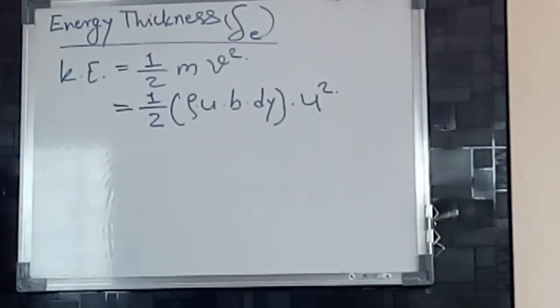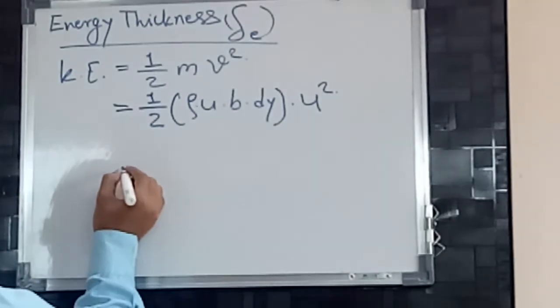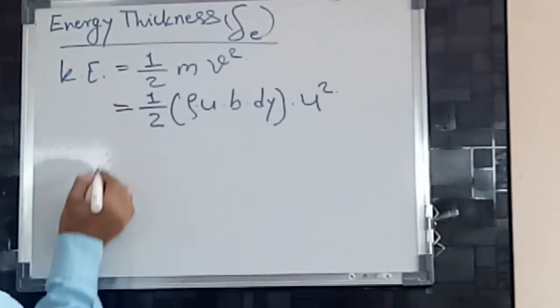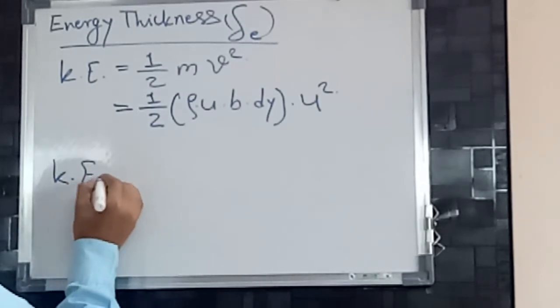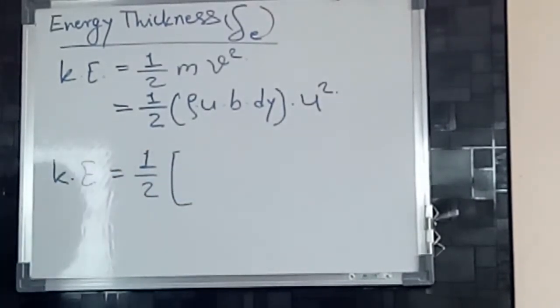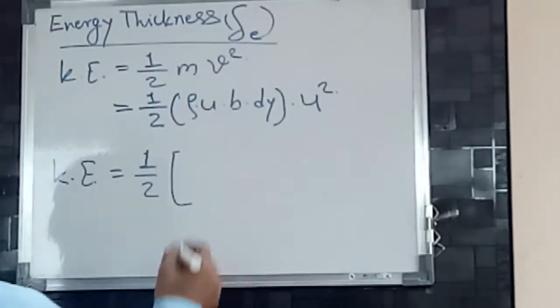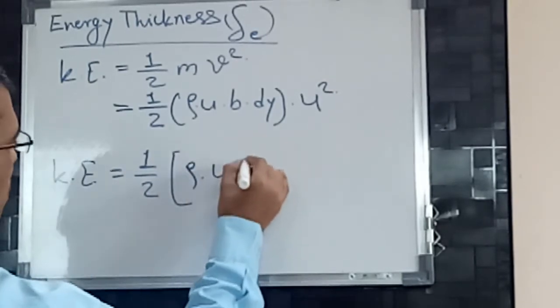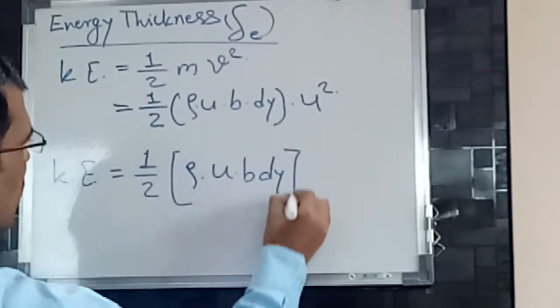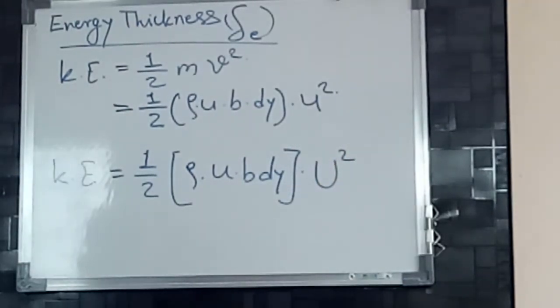Then the kinetic energy of fluid if no plate is placed, here it is placed and here we have not placed the plate, what will come? This is as it is, rho u b dy, and here it is capital U square, because we are not providing any plate, isn't it?